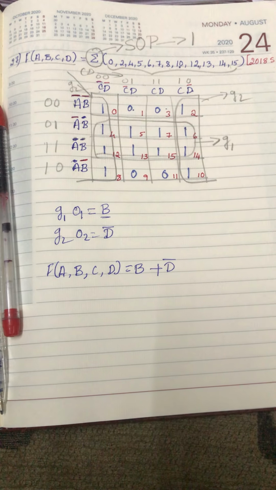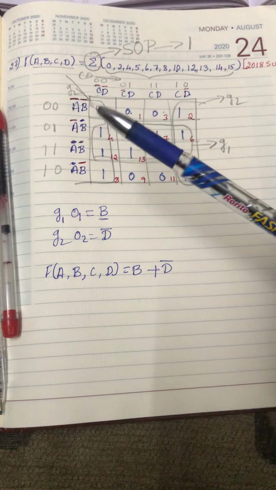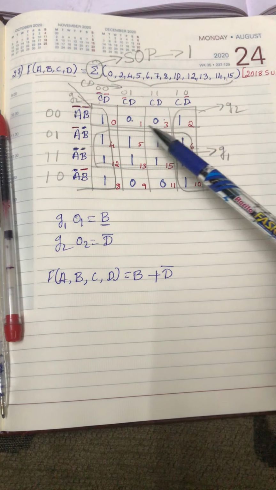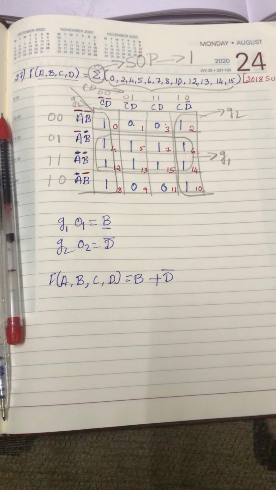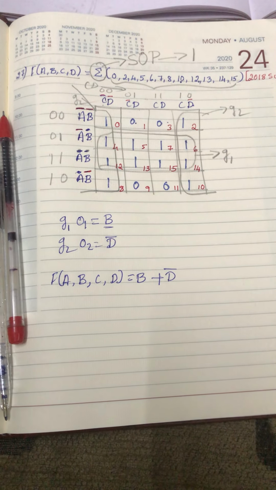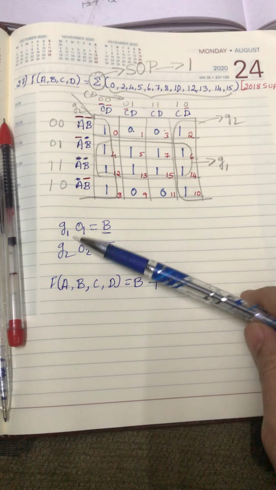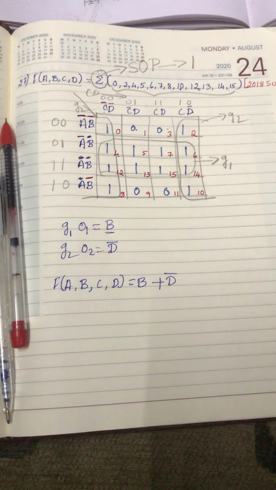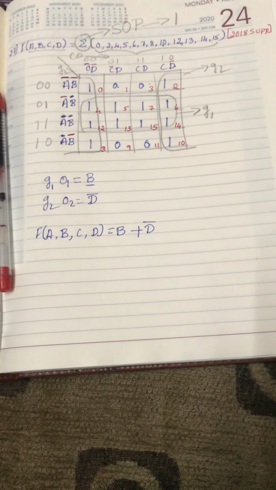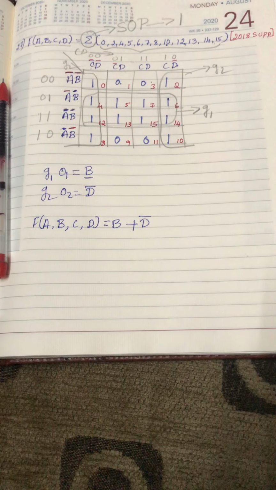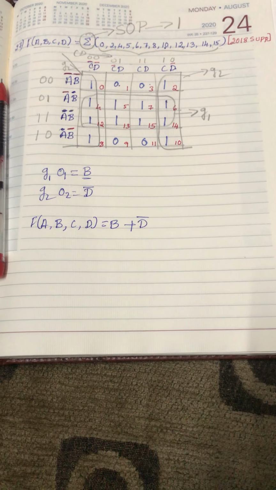Next step is grouping. Once the grouping is done, next is taking common terms. After that, you write each and every common term and the final expression. These are the steps. This is how a K-map is solved.